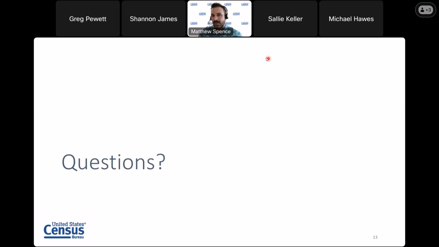Do try it again. You will be able to download it, and do be patient. These are really big files, but they're very exciting, and I think it could be very useful for researchers or data users who would like to get a closer look at the data. So I'm going to stop there, and I think we've been able to answer questions here.